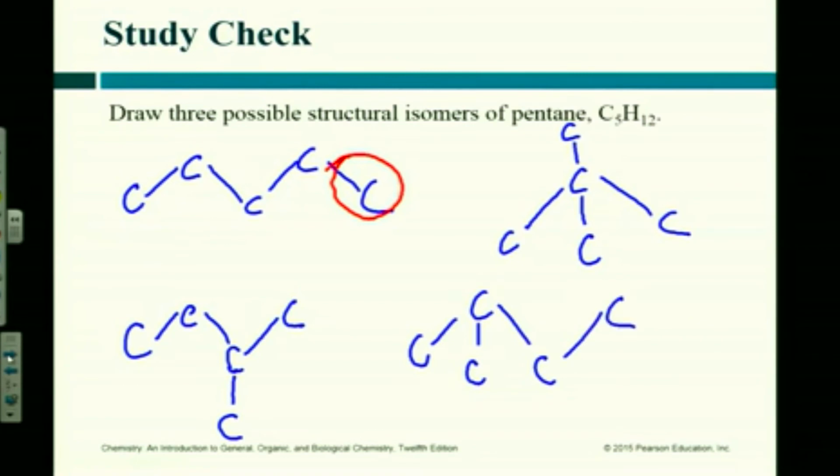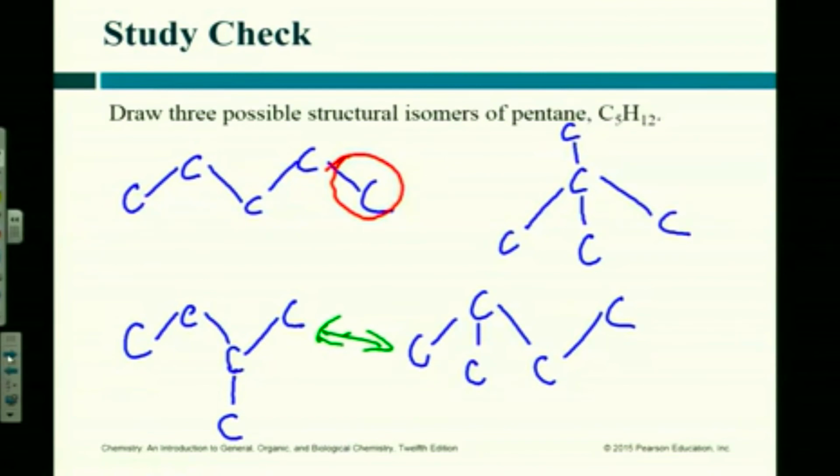And I'm going to prove to you that these two things are the same molecule. No tricks, I promise. We're going to name these.